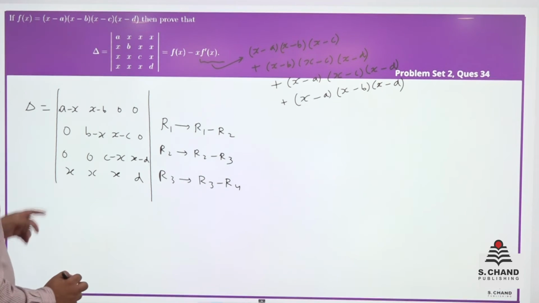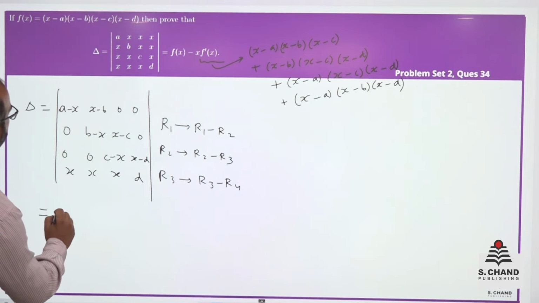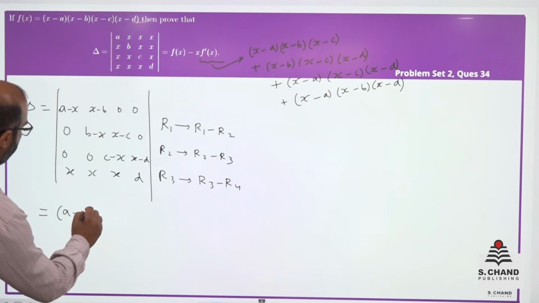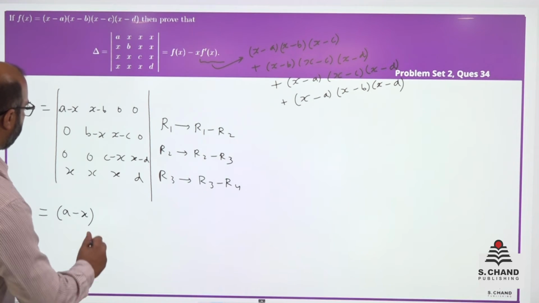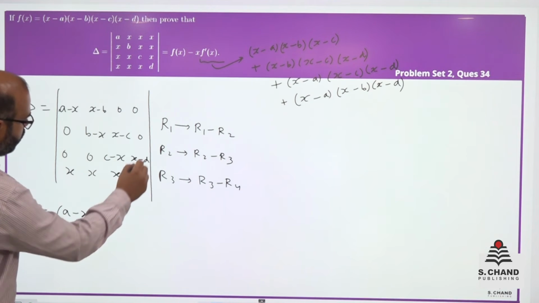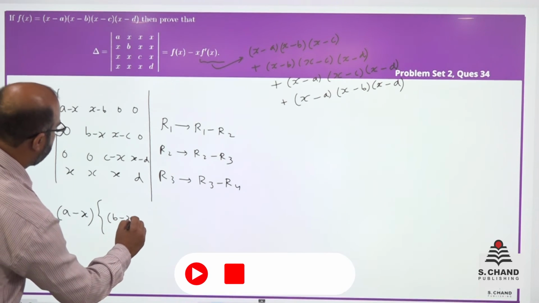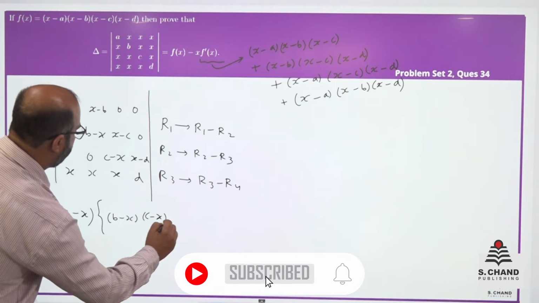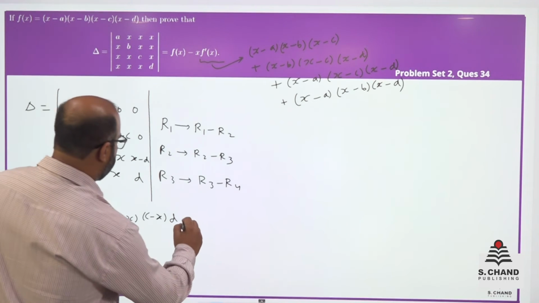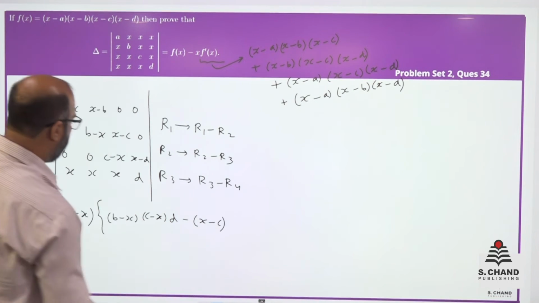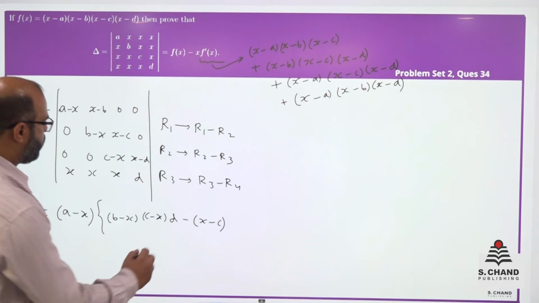Now here let us expand along the first row. So what will happen? A minus x and this particular determinant. And if we expand this particular determinant, it will be b minus x, c minus x into d, and then minus x minus c, and this is 0, minus x into x minus d.